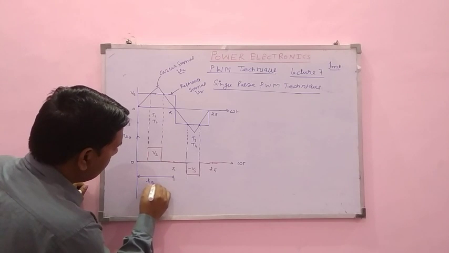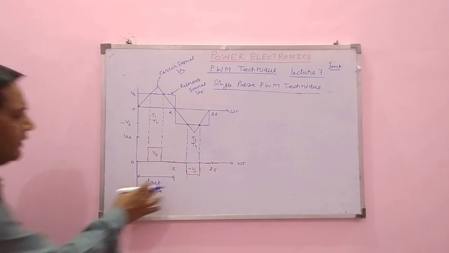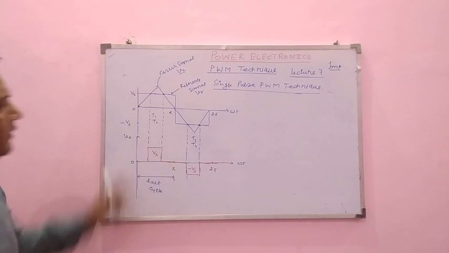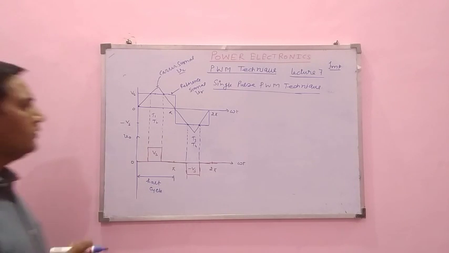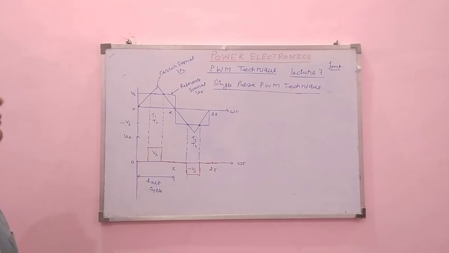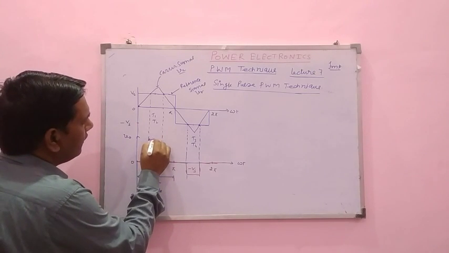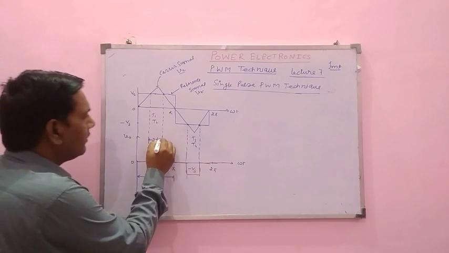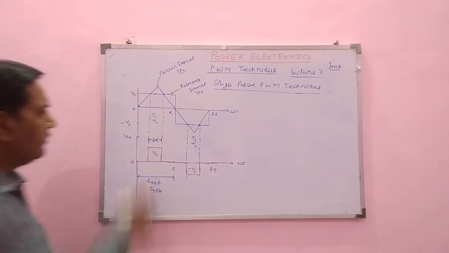In the half cycle there is only one pulse, and in the next half cycle there is one pulse, that's why it is called single pulse PWM technique. In single pulse PWM technique, the width of pulse is denoted by 2D, the total width of pulse generated.